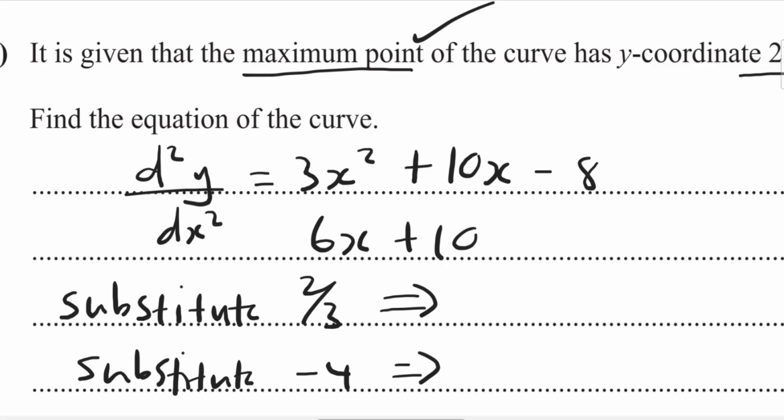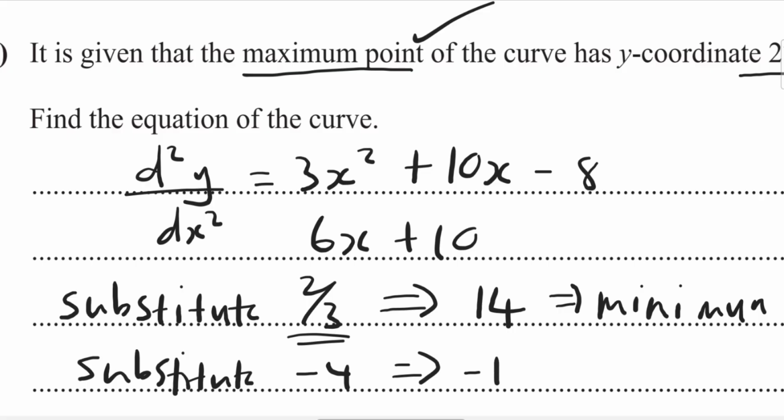And if we sub in 2/3, we get 14, which is positive, and that tells us that it's minimum at x equals 2/3. And if we sub in minus 4, that gives us minus 14, meaning it's maximum at x equals minus 4.